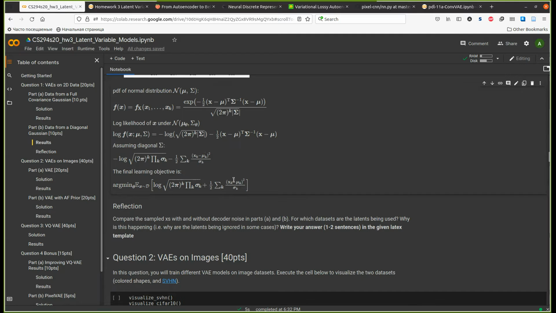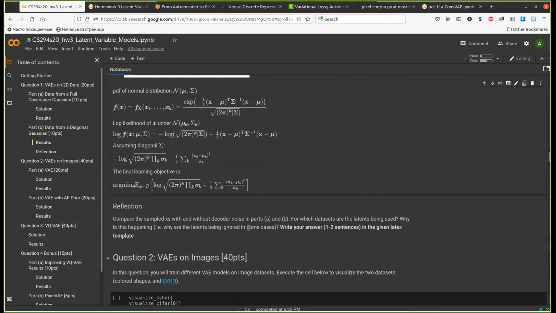And here you can see that we have something very similar to mean squared error, right? This x minus mu squared, if we imagine x is our data and the mean is the output of our model, is just a mean squared error, right? But we also have this sigma here.